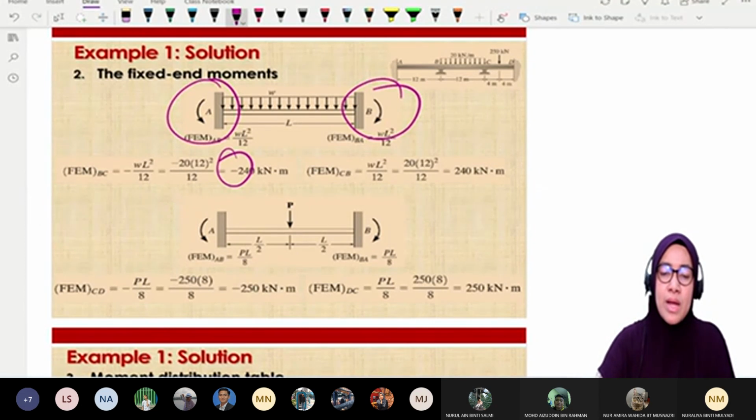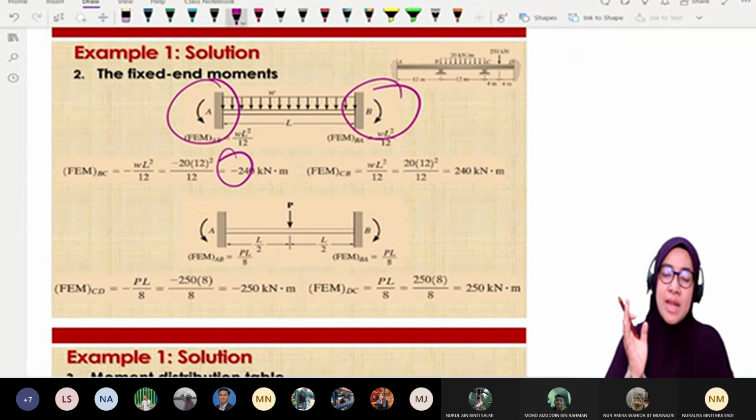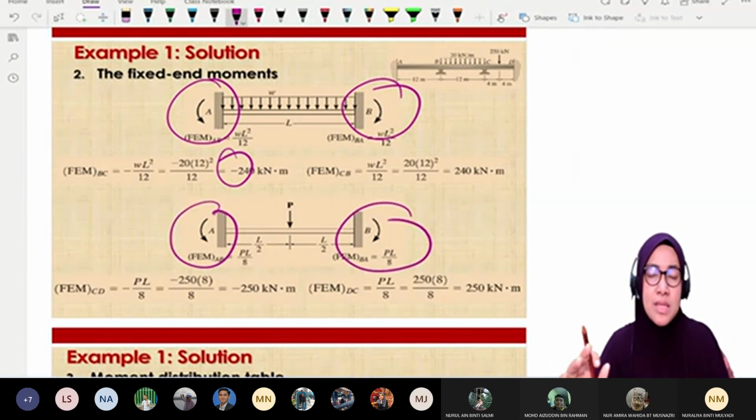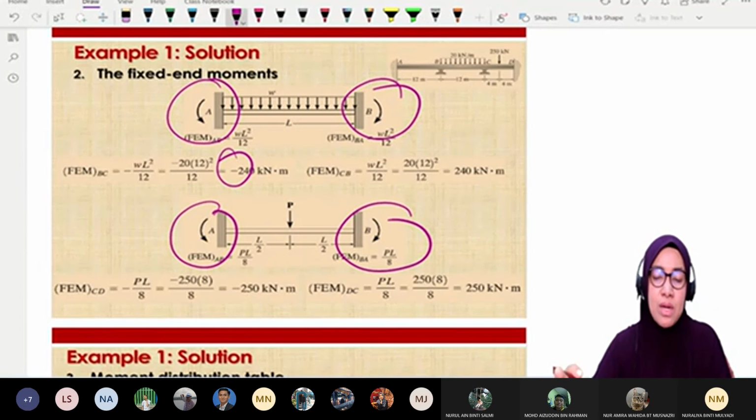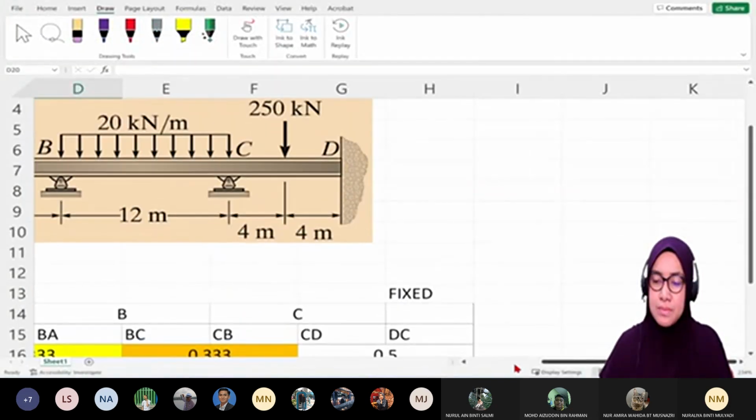For member CD, it is P subjected at the center. We use this formula. Again direction, one negative, one positive. So I want to calculate also this value in this Excel.